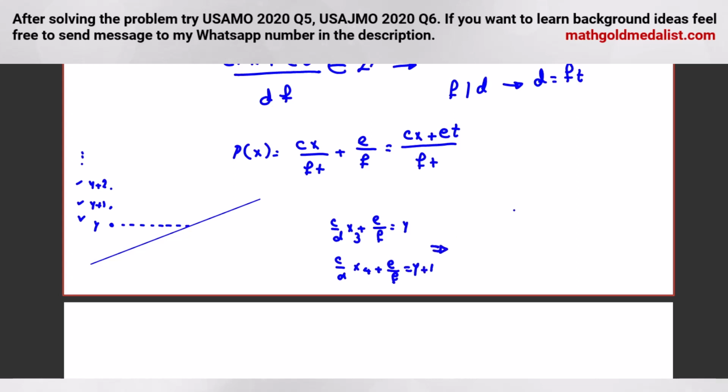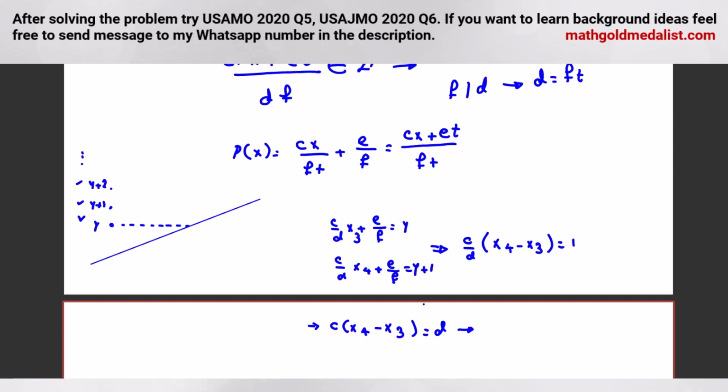Then if we subtract, we can conclude C over D times (x4 minus x3) is 1. So we can conclude C times (x4 minus x3) is D, right?